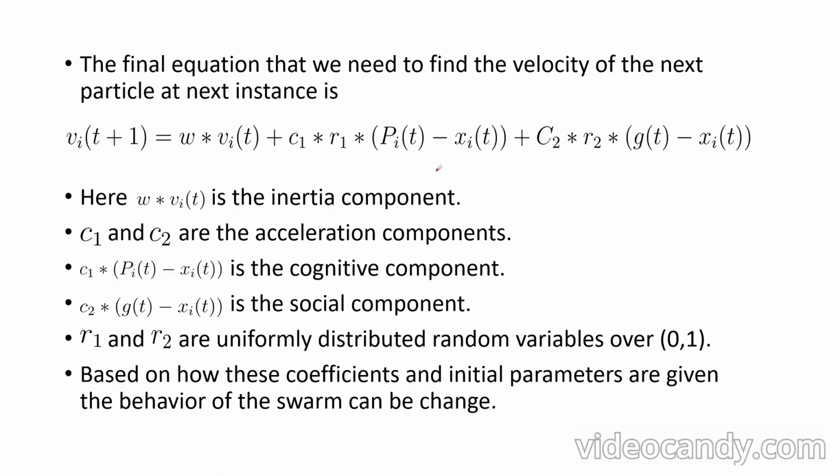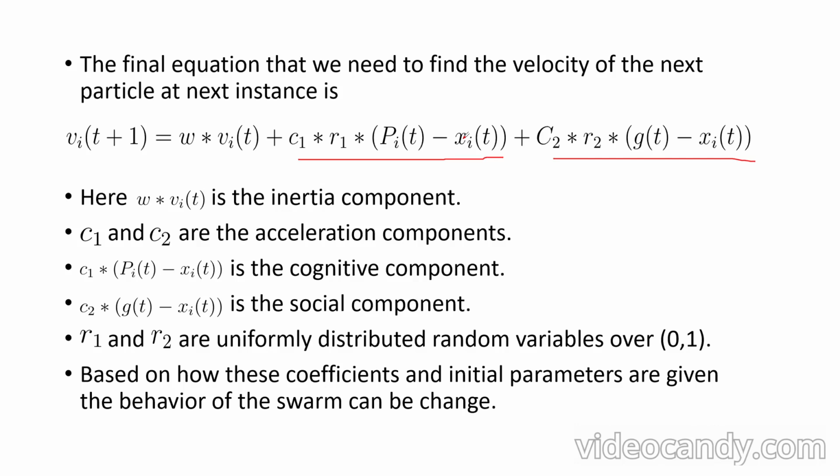This is the general equation for the velocity at the time instant t plus 1, where w into v of t is the initial component, c1 and c2 are the acceleration components, this is the cognitive component, this is the social component. So the cognitive component will be telling us about the personal best, or it tells more about the personal influence on the particle to reach the minimum position for a minimization problem.